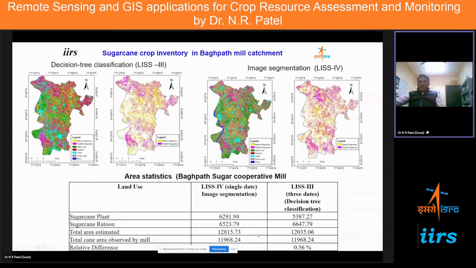That GPS survey we have collected for the total cane area observed by the mill catchment, mill commissioner, and we have estimated with satellite technology, both LISS-4 and LISS-3, using the decision tree classifier. Now you see LISS-3 has hardly less than 1% error, but in the case of LISS-4 it is a 7% error. That means if you have more data, you can improve the classification accuracy even though the satellite resolution is a little bit poor.